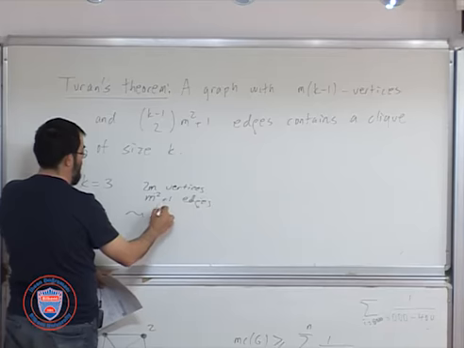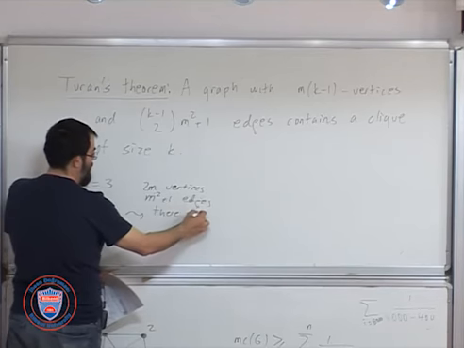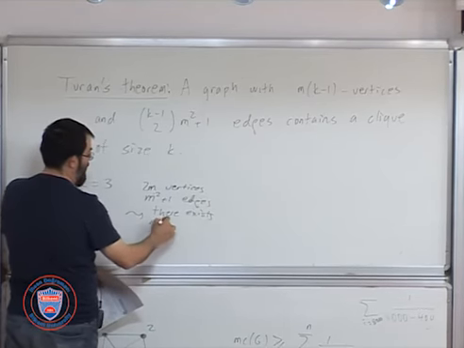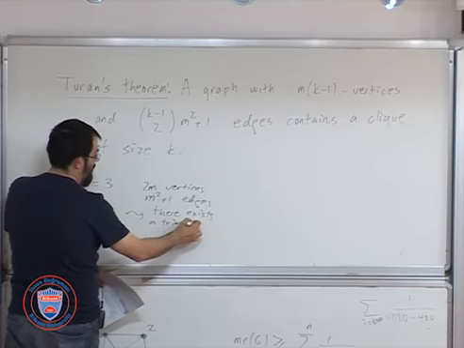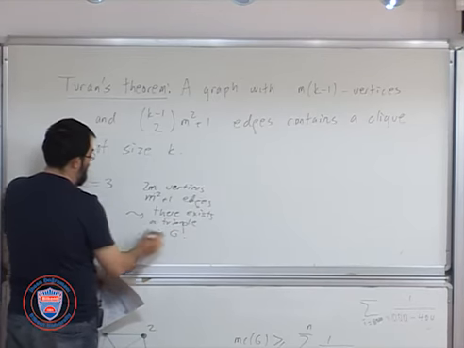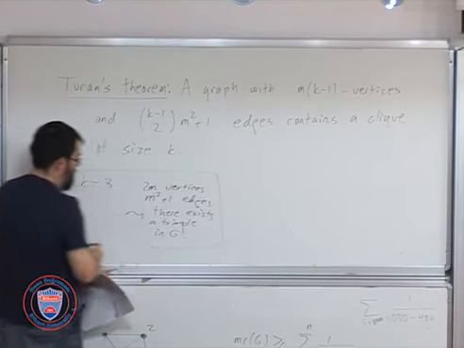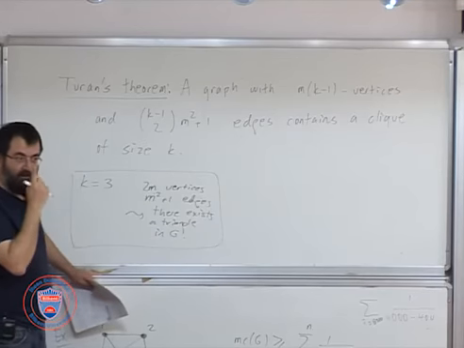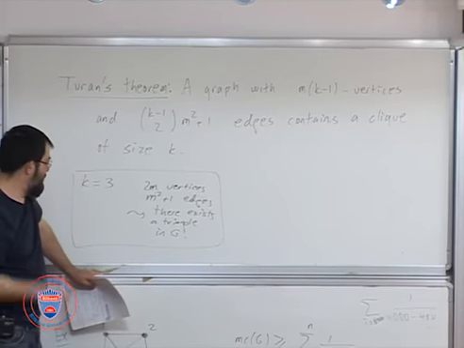There exists a triangle. This we proved, and it was a hard proof in your graph G. We had to do induction and a couple of steps.